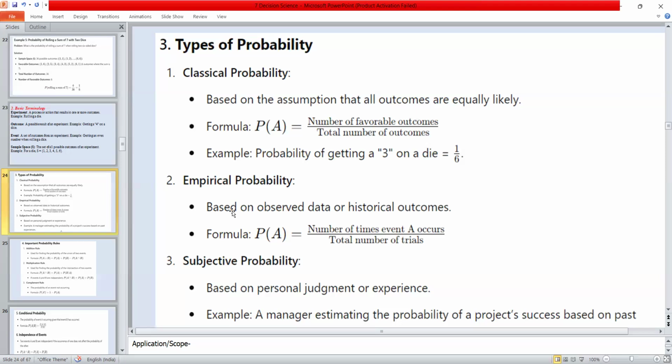Okay, so suppose any particular pharmaceutical firm has developed a new drug, a new product, and they are testing it on human beings or animals. So when it is given to 100 patients, if 40 patients show a positive result and 60 patients show negative or no results, then that is not a good drug, because only a 40% effect is there.